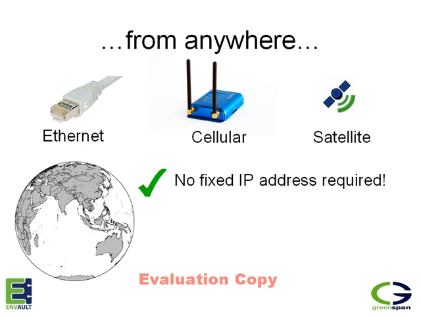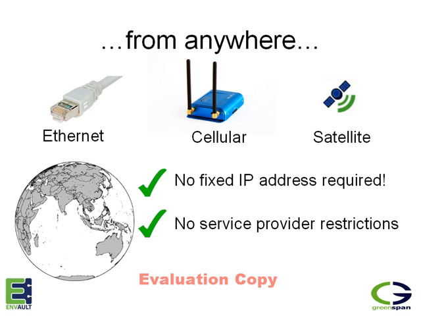So Greenspan has produced a system which allows the client to work exclusively with dynamic IP address devices. There are no service provider restrictions, so in some systems you need to have a network which is exclusively with a single service provider. With the system Greenspan's produced, you can use any combination of service providers.